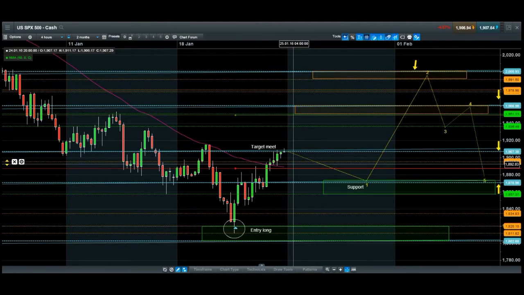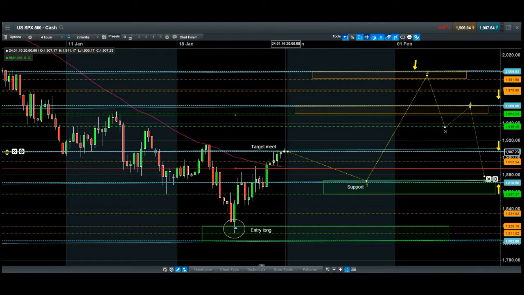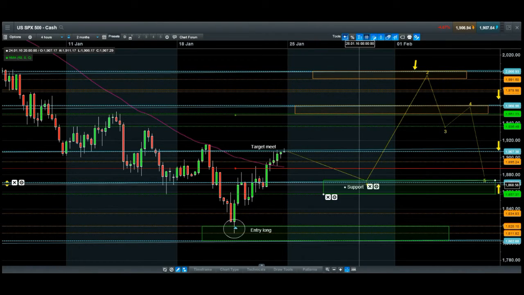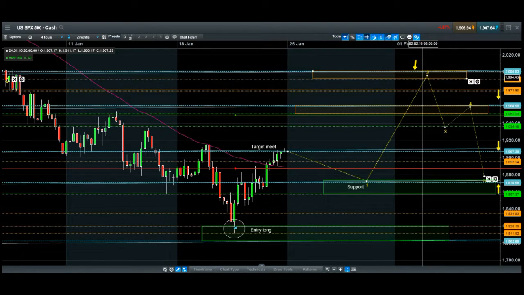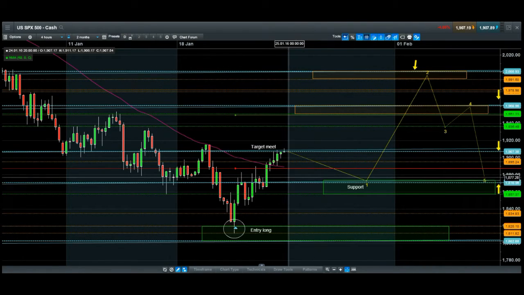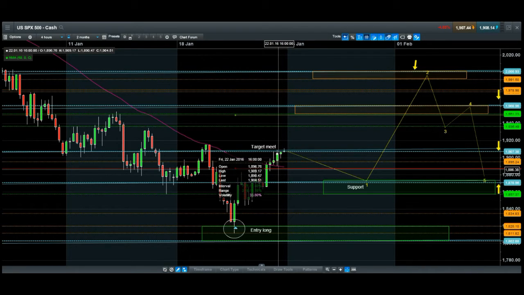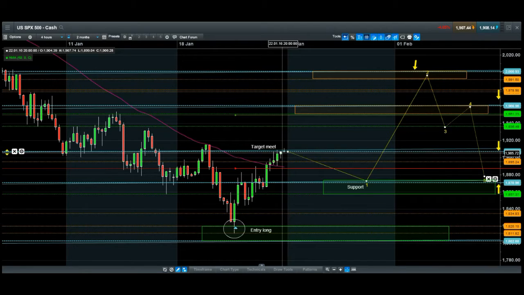I expect now the index to actually retreat from here down to this support zone and then rebound up to this level here. This was set last week as the stop gain, so I will probably take the profit now.